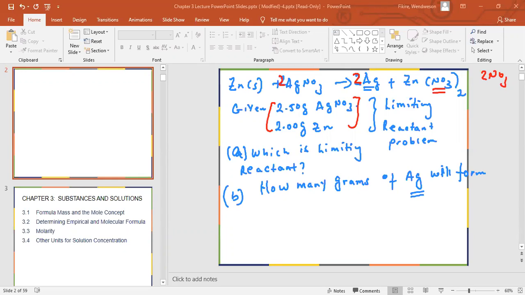From the periodic table, I believe zinc is 65 grams, maybe more or less, right? Yes. 65 grams of zinc react with, we need to find the molar mass of silver nitrate. Again, I want you to calculate the molar mass of silver nitrate.